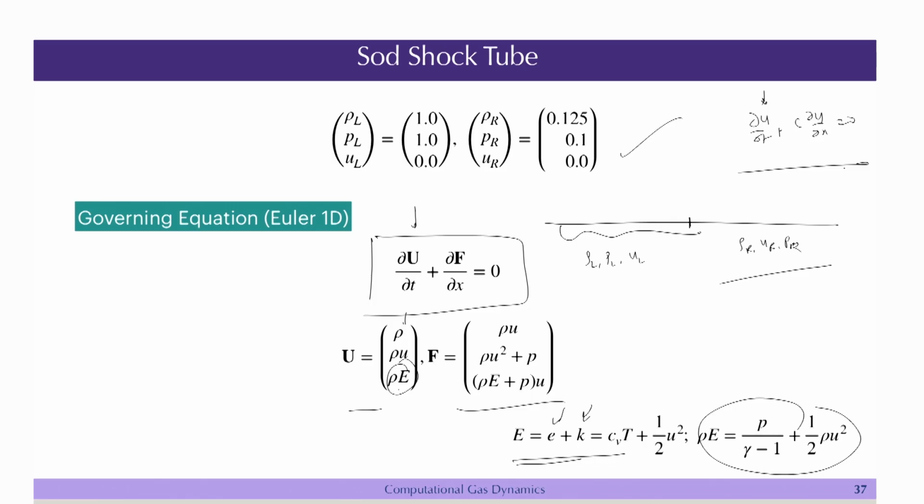Let us say this is x equal to 0. If you look at the discontinuity as the shock forms, the shock will have a discontinuity like this. If you plot this across the shock, this is my shock, and this is your U L and this is U R. So, this is what is called the Riemann problem.